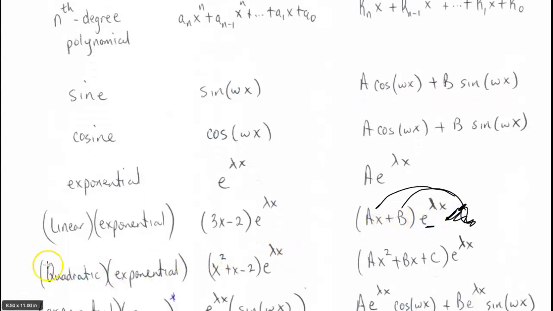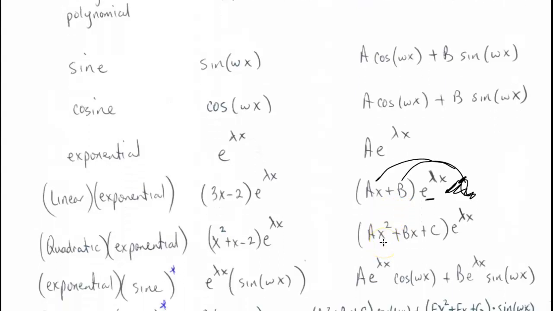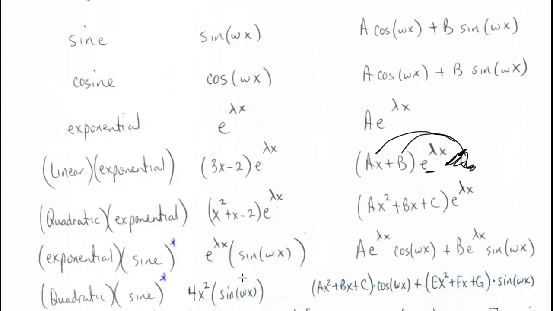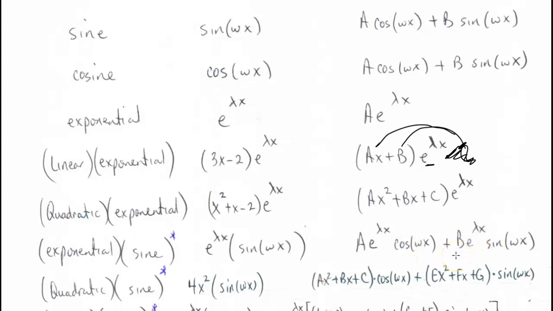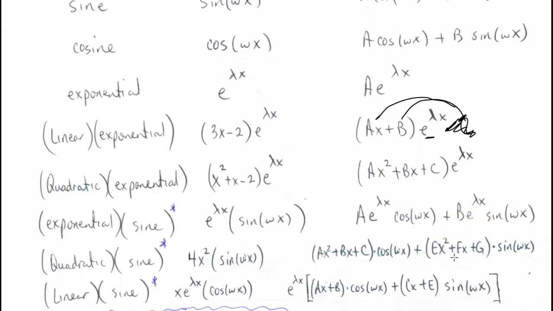And thus, for the quadratic times exponential, it'll look very similar to what it does for linear. And for the exponential and the sine, or exponential and the cosine function, that'll all look the same here. For these last two, I have the quadratic and sine, and I have these asterisks here because even though I'm saying sine, it could be sine or cosine.